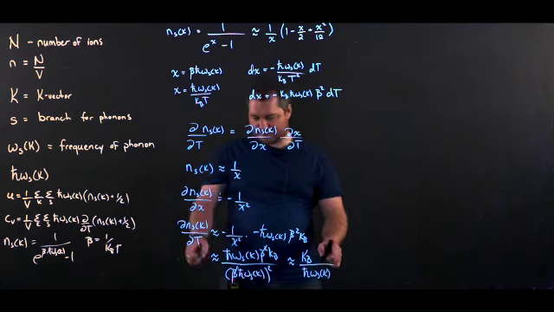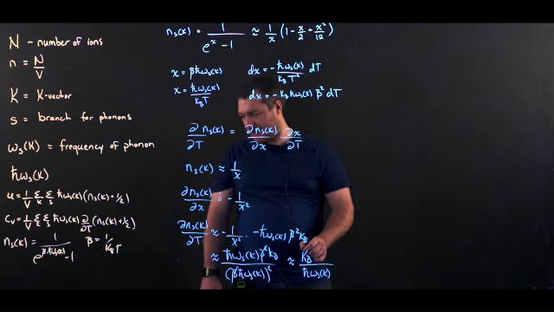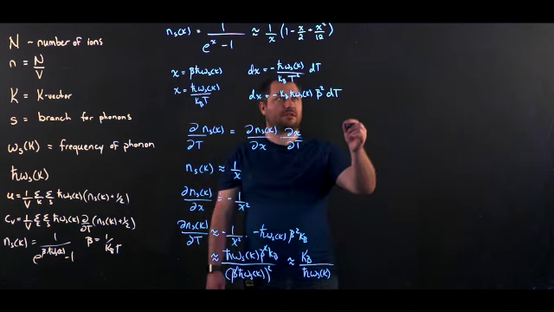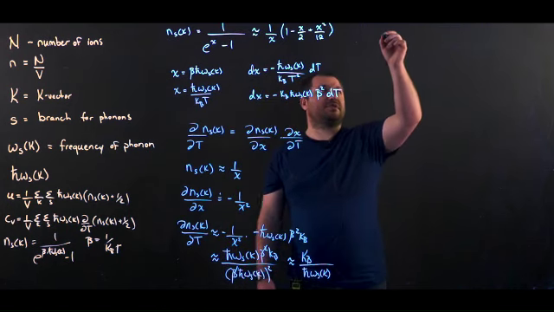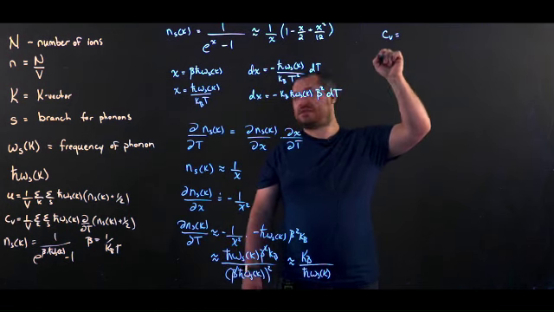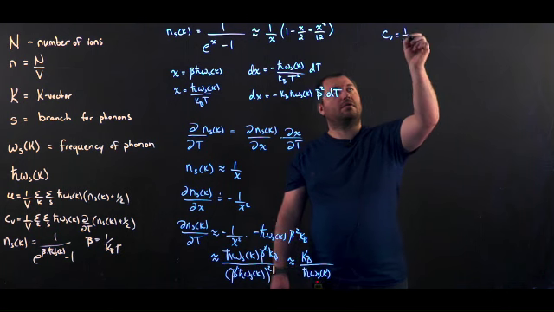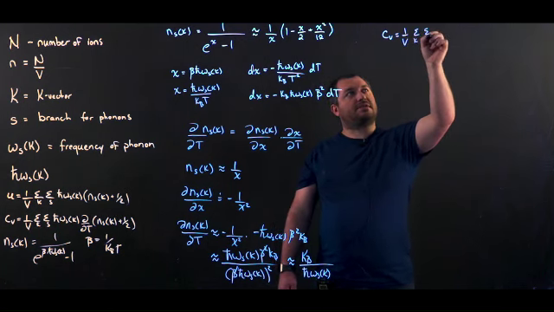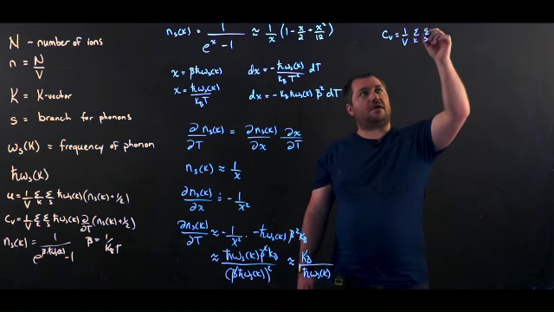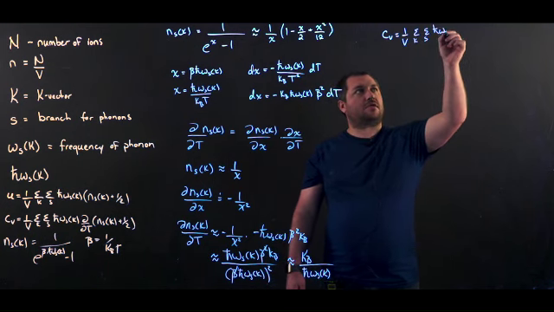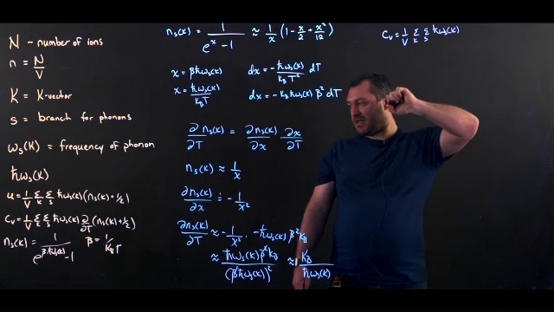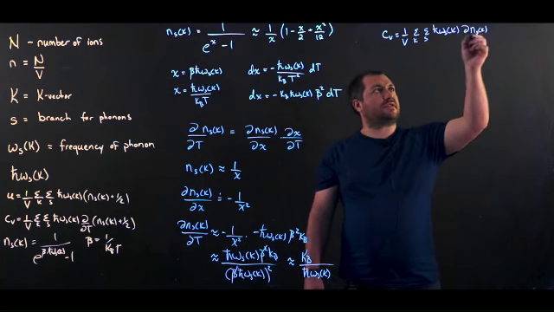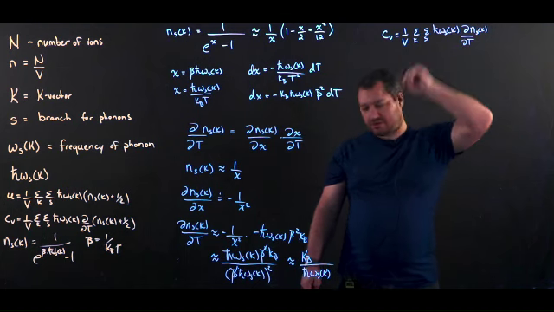So I can take this first approximation for the high temperature, and I can go back to the very beginning of what I had for specific heat. The very first specific heat approximation here was C_v is equal to 1 over V, the sum over k, the sum over s, of h bar omega_s of k times my derivative of this n_s of k with respect to t. But we just took an approximation for that.